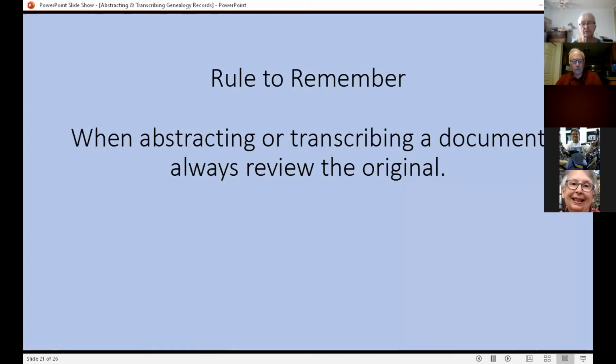So for years, the person assumed that it just listed the daughters with no husbands' names and never bothered to go back and get a copy of the original will. So, right there was information all along that if the person would have taken the extra time, it could have been solved. So always, always, always review the original record if it can be found. 9 times out of 10, it can be found.